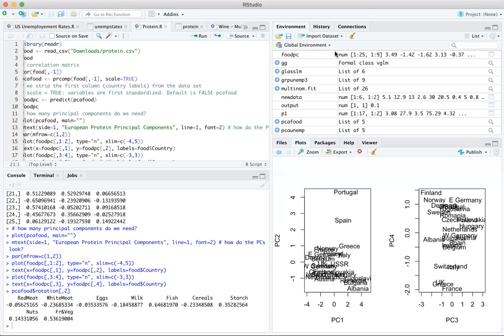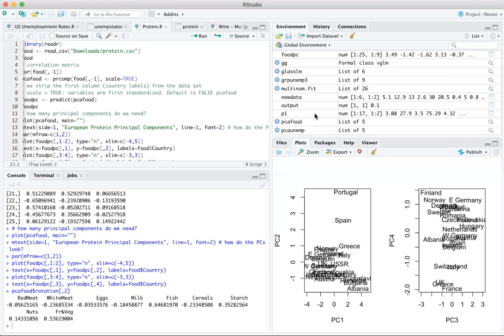A PCA partitions the total variance in the X matrix, where V total is equal to the V of x1 plus through the V of xp, into variances of P newly constructed principal component scores, where V total is equal to the V of v1 plus V of v2 through V of vP, that are now ordered from largest to smallest. The constructed variables are linear combinations of the original variables, and the weights are selected such that the linear combinations are orthogonal.